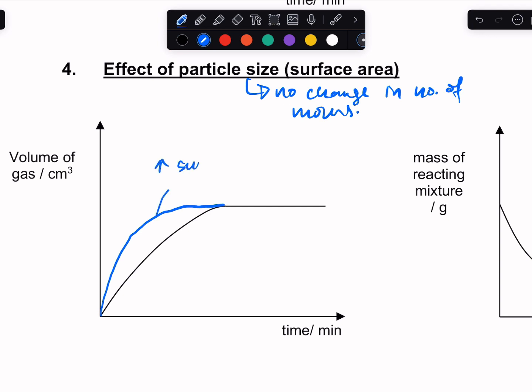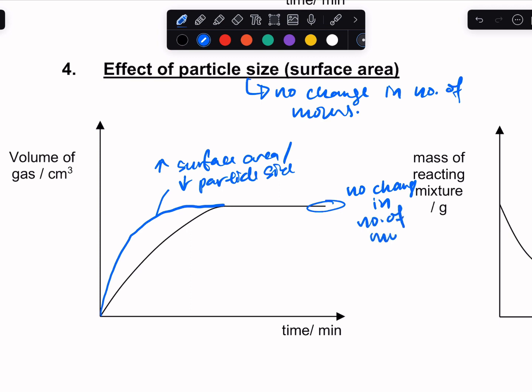Increase surface area or reduce particle size, same thing. It should again end at the same point. Steeper at the start because of faster rate of reaction, but end at the same point because no change in number of moles of limiting reactant.